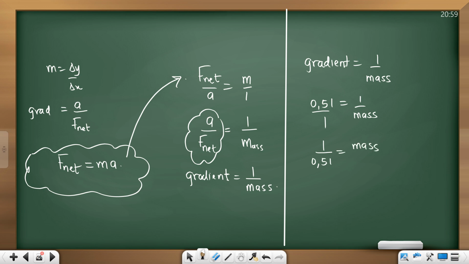If you want to put this in a calculator, I have about 30 seconds left. Or some of you that don't know that, you can cross multiply. 0.51 multiplied by m, divide both sides. Do you see I'm getting the same thing? What's my answer for the mass?